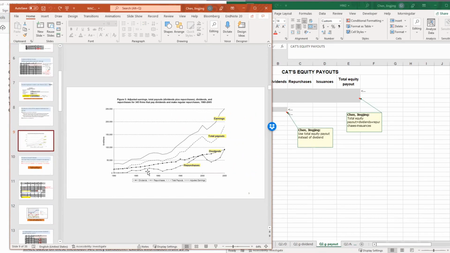But for repurchases, there's no such commitment to repurchase every year or every quarter. A company can launch a repurchase program or pause it later on. So it is not a strong commitment, but as you can see in recent years, companies are more likely to use repurchases to pay out to their shareholders.